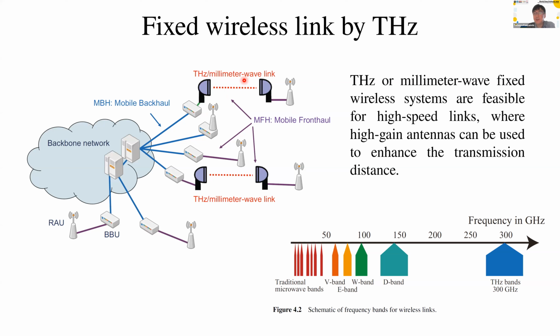Terahertz or millimeter wave fixed wireless systems are feasible for high-speed links. We can use a high-end antenna to enhance the transmission distance. In a traditional microwave band, we have to take care of various types of radio services, and the bandwidth will be very small. But in a terahertz band, we can use a wide band.